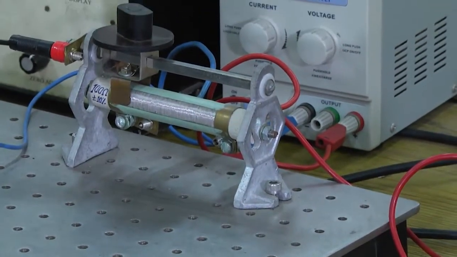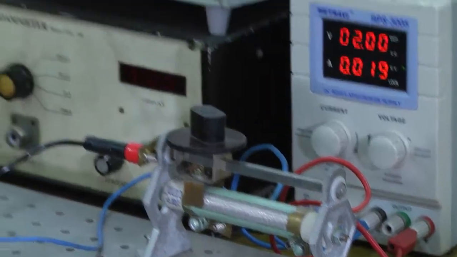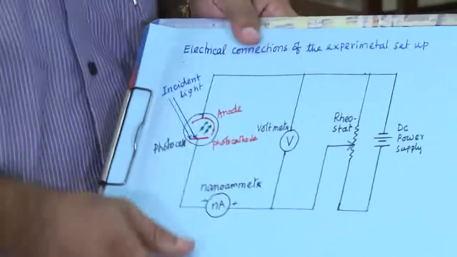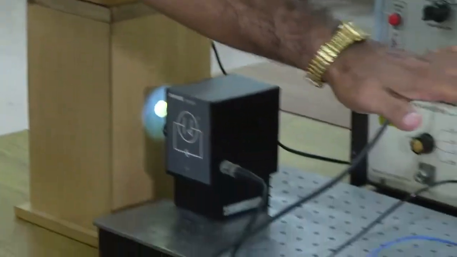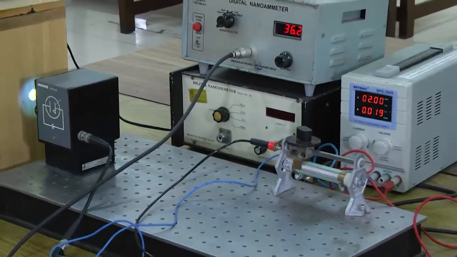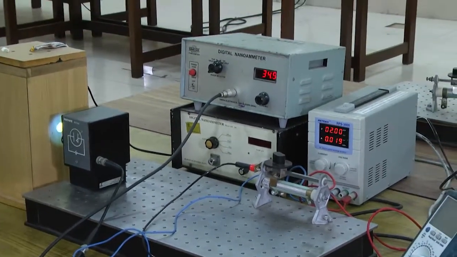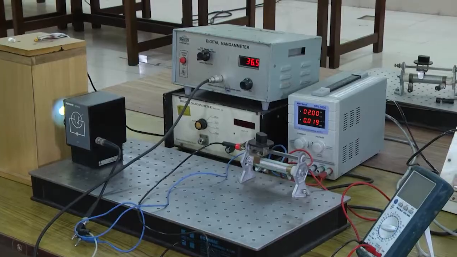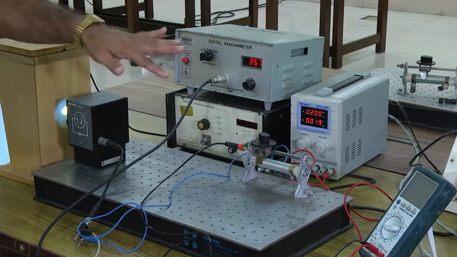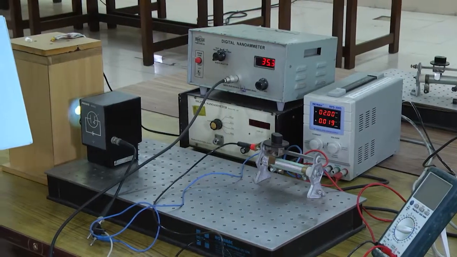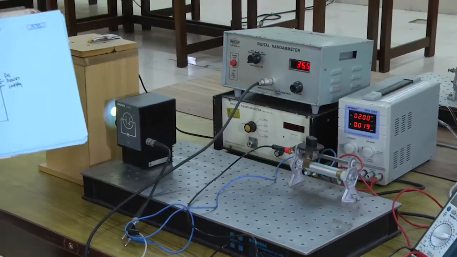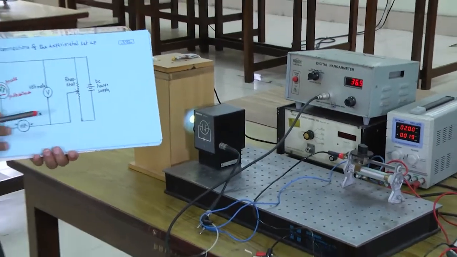So this is the circuit diagram we have done, and exactly this circuit diagram is made here. Always we should draw the circuit diagram before doing the experiment, and check whether the connections we have made are as per our drawing.